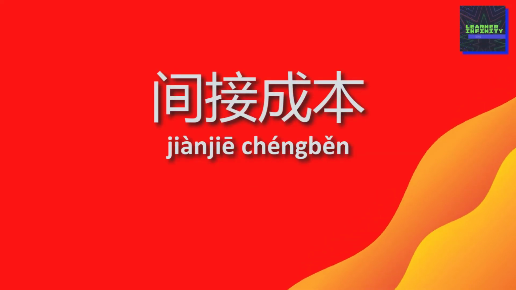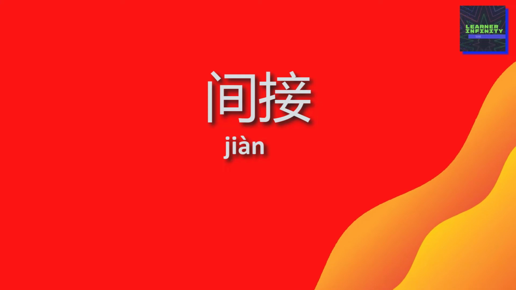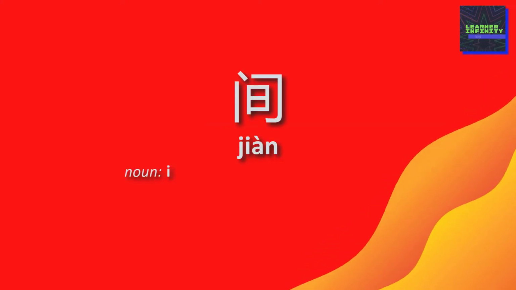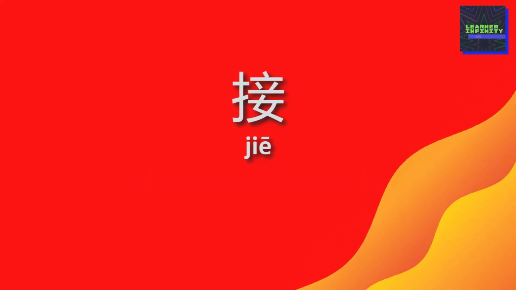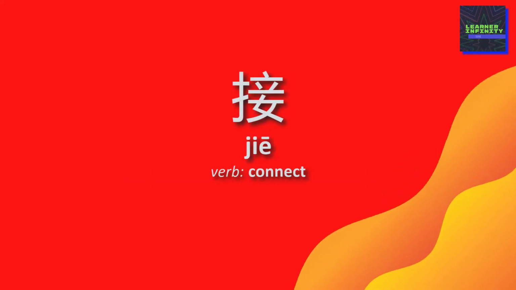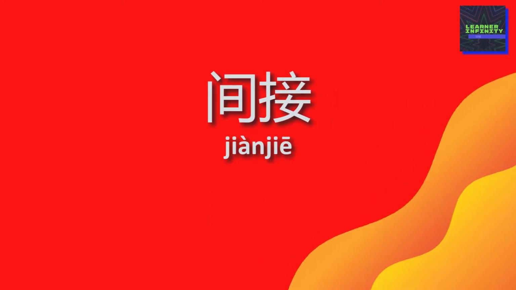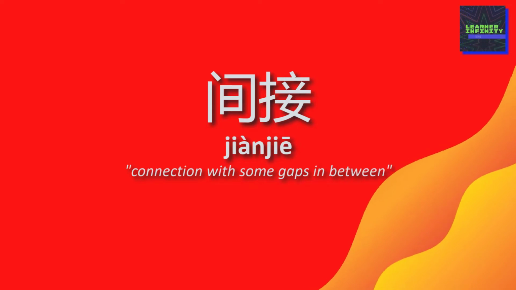Let's have the next word. 间接成本. Let's decompose 间接. The character 间 is a noun which means interval, gap, or space in between, while the character 接 is a verb which means to connect. Putting together these two characters, 间接 can be interpreted as a connection with some gaps in between.